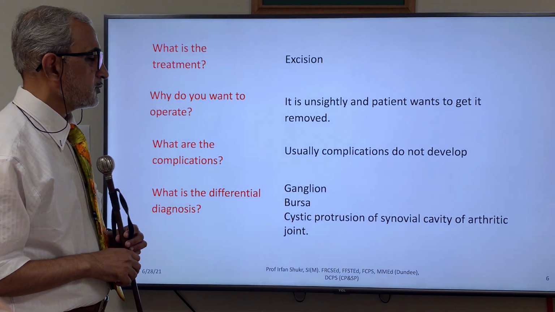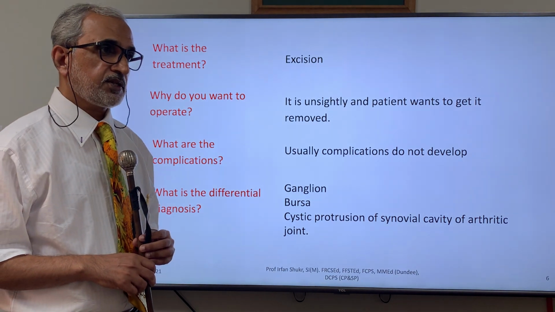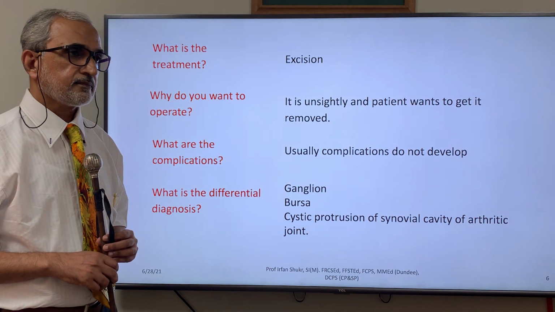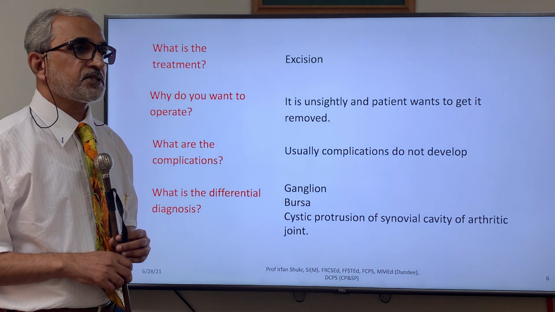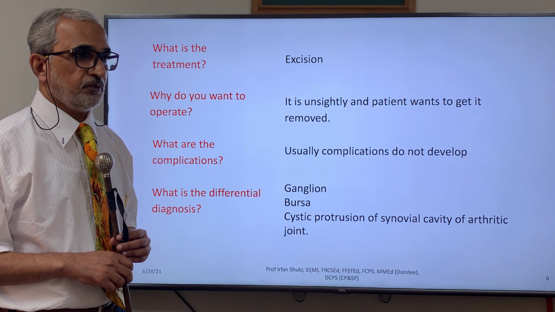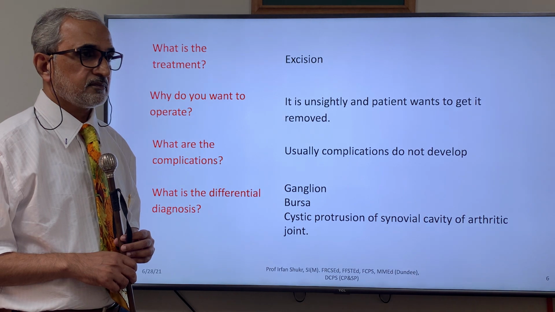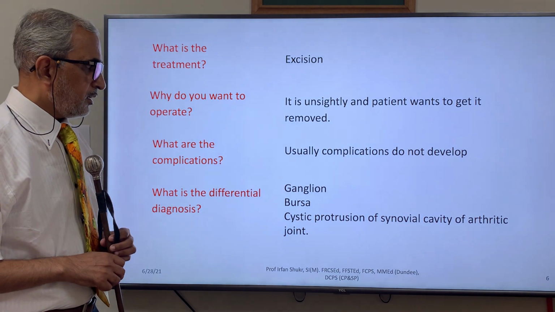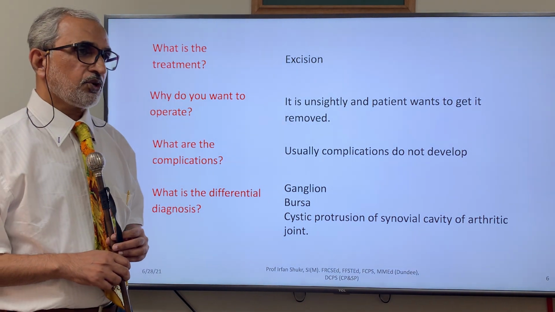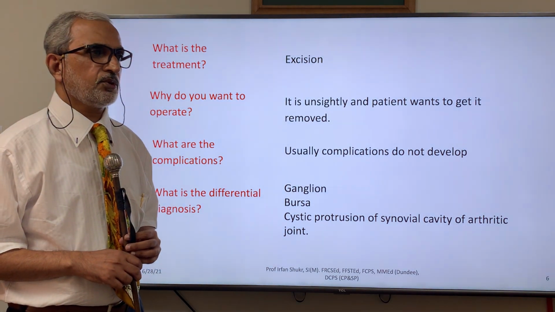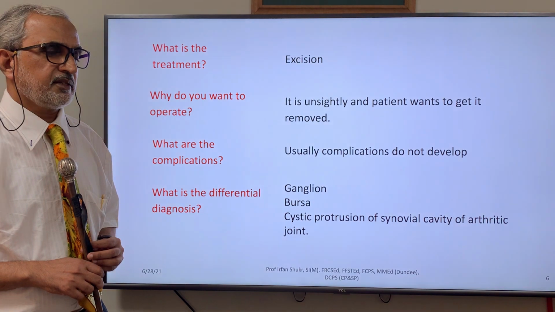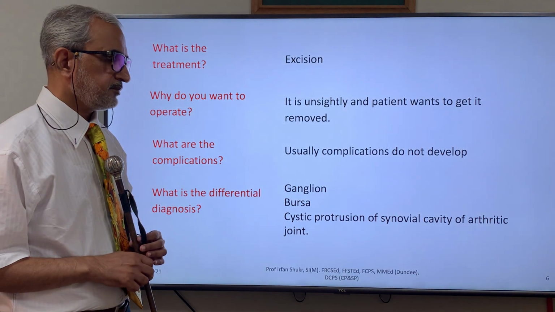What is the treatment? Treatment is excision. And why do you want to operate? I want to operate because the patient desires that it should be removed. Okay, what are the complications? Usually complications do not develop in ganglion except it slightly grows and it is unsightly, but that's not a complication.